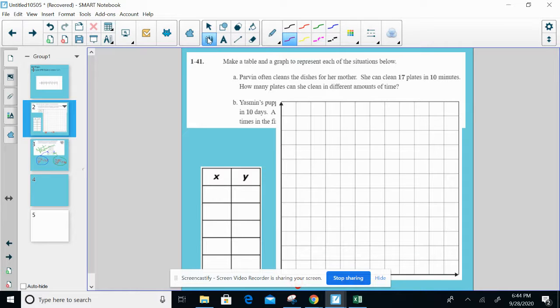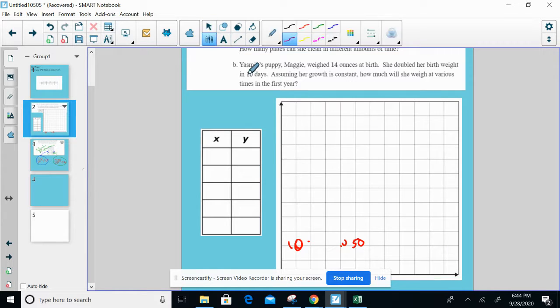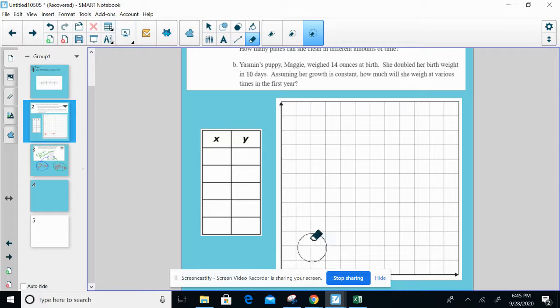So real quick, let's revisit that puppy problem so that way you can relate this to proportions, right? So puppy, I'm going to actually make this even easier than what we're talking about today, as in at 0 days, it starts with 14 ounces, then it bumped up to 10, and it added another 14.